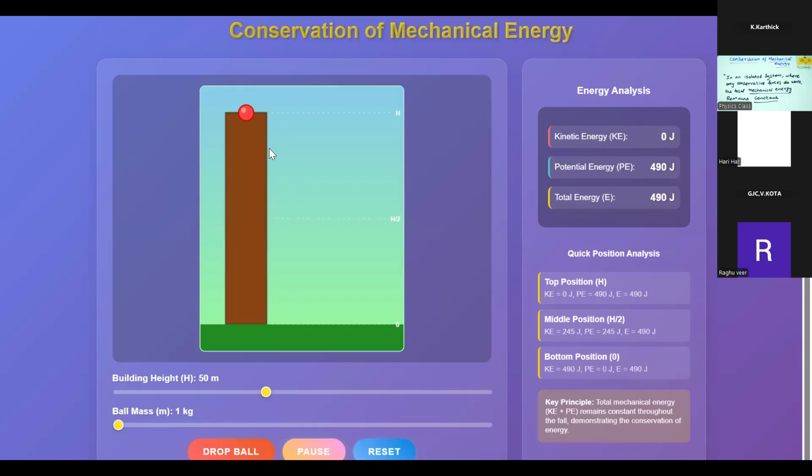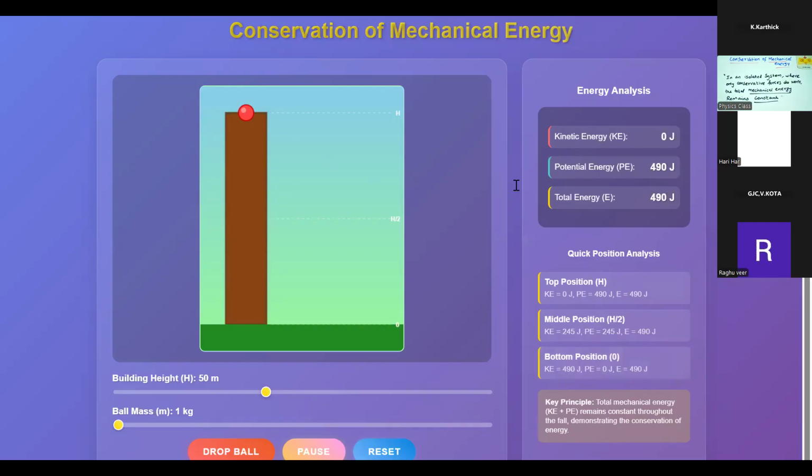At the bottom of the building, there is one ball. We can drop that ball from that position to the ground. The ball has some mass, 1 kg, 2 kg, something like that. On the side screen, you can see kinetic energy, potential energy, and total energy. Below, top position, middle position, bottom position, and the key principle: the total mechanical energy remains constant throughout the fall, demonstrating the conservation of energy.